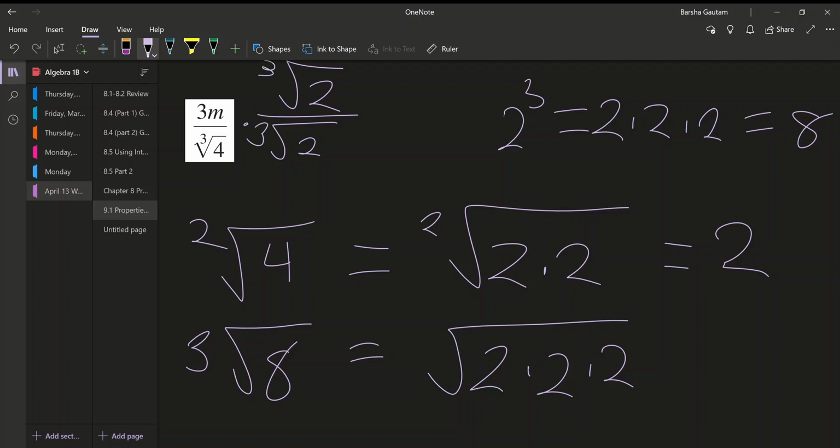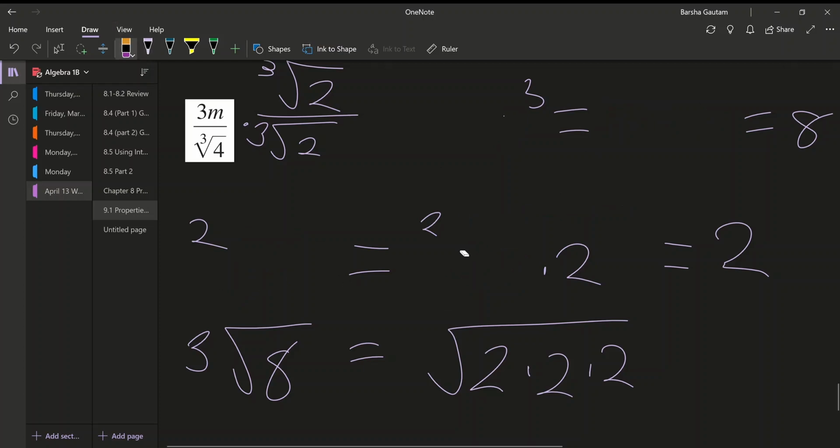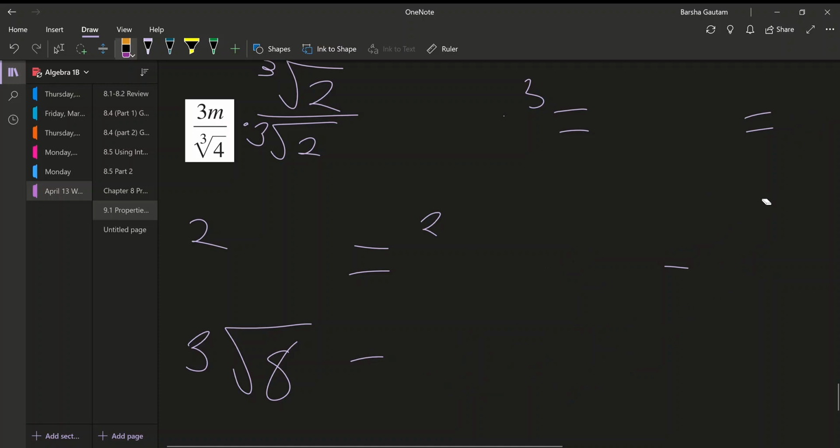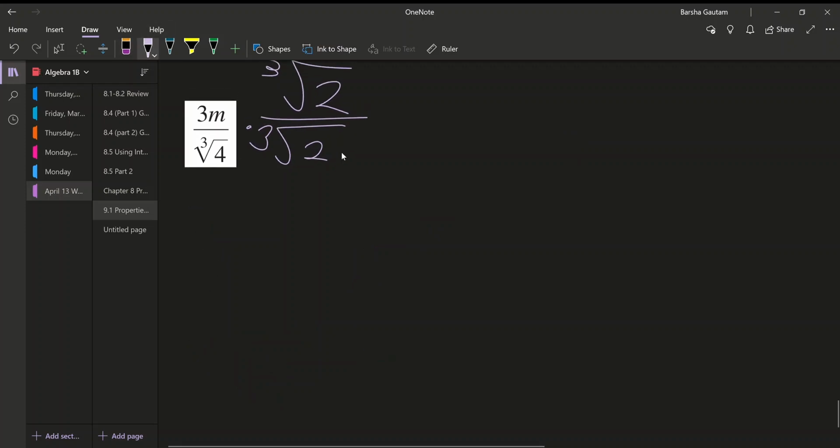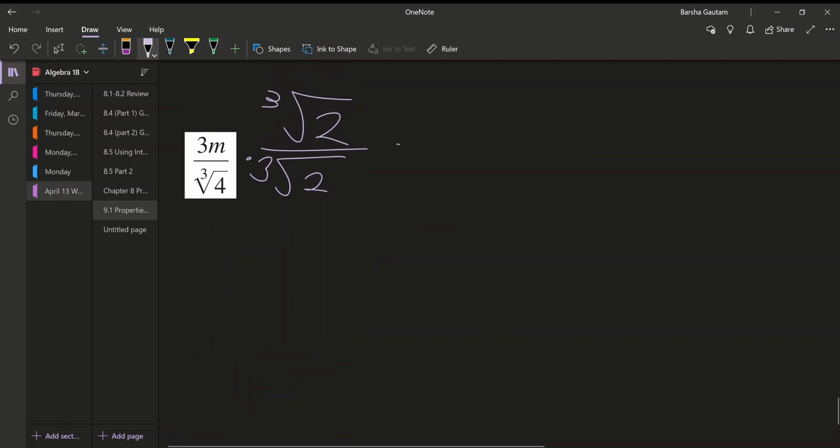And by doing that, let me erase this part over here. So remember, the goal is to get rid of the radical symbol. And by multiplying by the cube radical of 2, we get this.